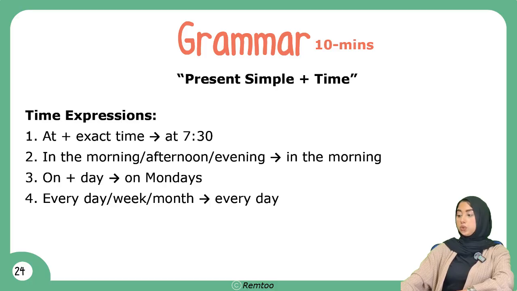Then we use on plus day. So for example, I go to the club on Mondays, on Wednesdays, okay? The last thing, every day, every week, every month. This is a regular basis. So for example, I go to the park every week. Okay. So let's just jump into our second practice.